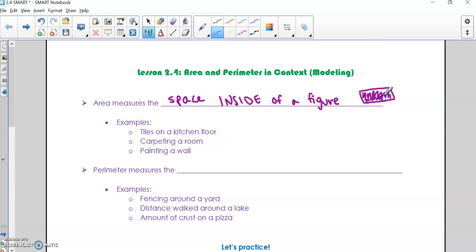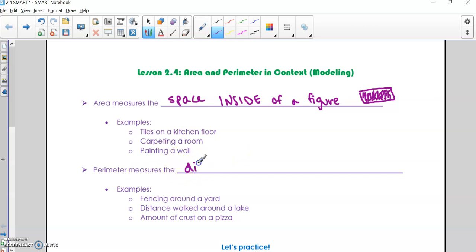Okay, and for example, I've listed some here. We've got tiles on a kitchen floor, carpeting a room, painting a wall. All of these are situations where you're filling some kind of surface, right? The space on a surface. Two-dimensional surface, of course.